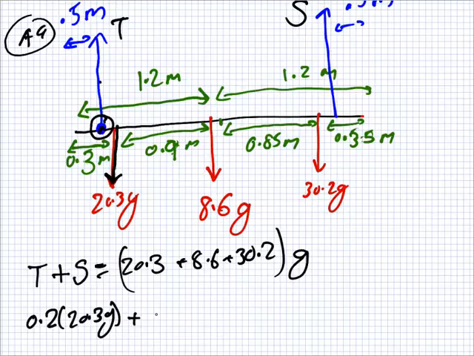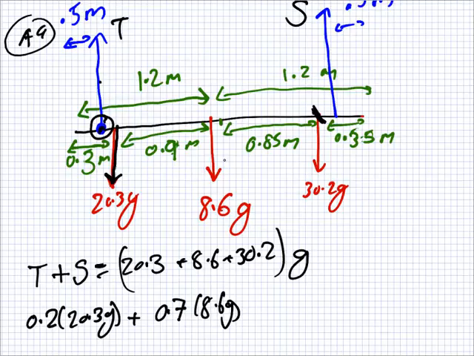The next one is plus, what's the distance? It will be 0.7 times 8.6 G. The next one is 30.2 from here to here. 1.6. Are you sure?